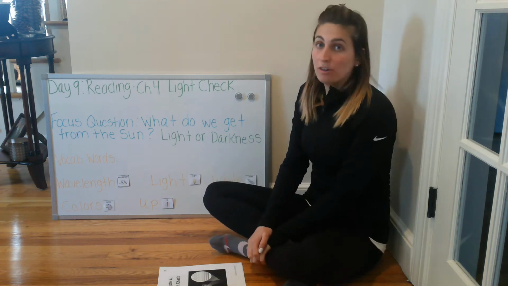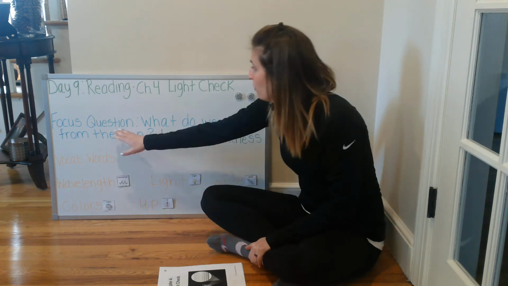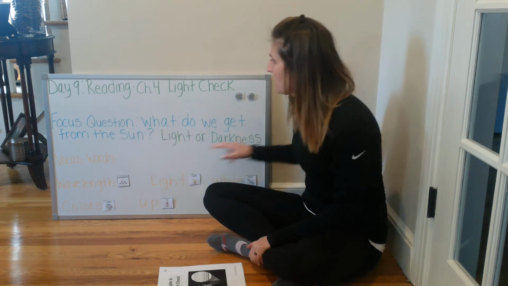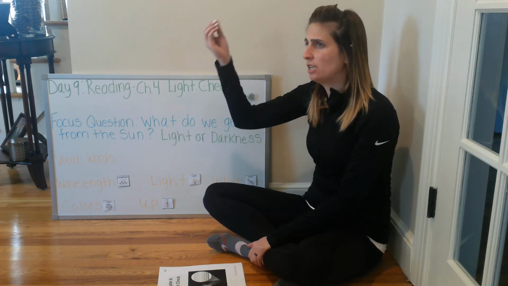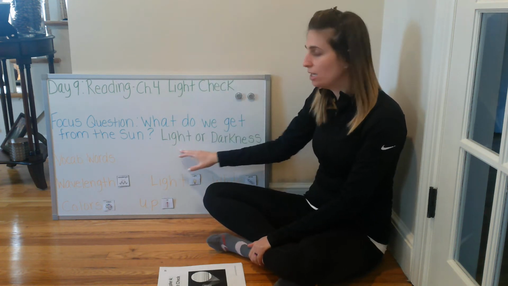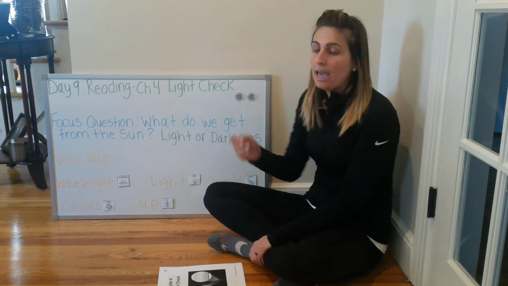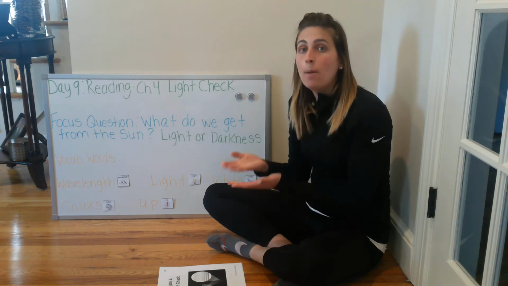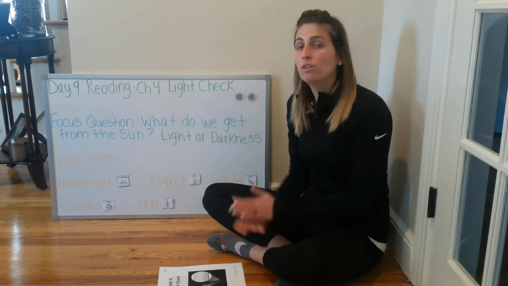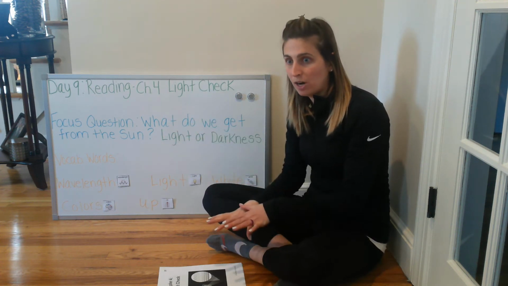I'm going to start with our focus question for this reading. Our focus question is, what do we get from the sun? Think about it. Do we get light from the sun or darkness? I want you to remember your answer in your head, because we are going to revisit the focus question at the end of our reading.